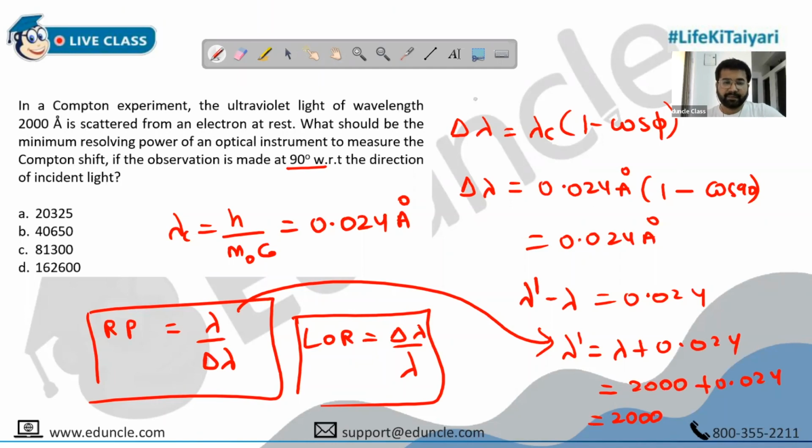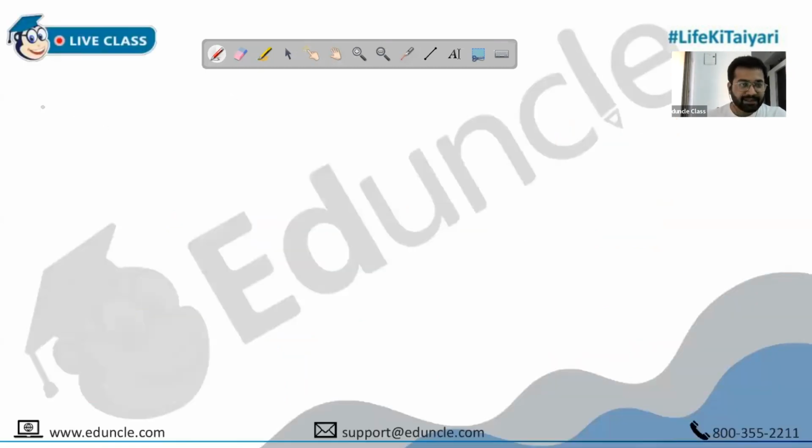Yes. So lambda dash is lambda plus 0.024, so that's 2000 plus 0.024. So lambda dash becomes 2000.024. But as you see, there is no point in taking the average. Okay, but let's take an average and see.